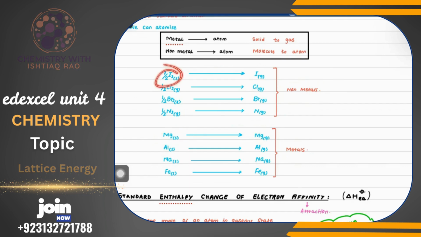Let's say we have a molecule. For a molecule, atoms are attracted together. When we provide energy, we overcome the force of attraction. The molecule is absorbing energy. So this is going to be endothermic.